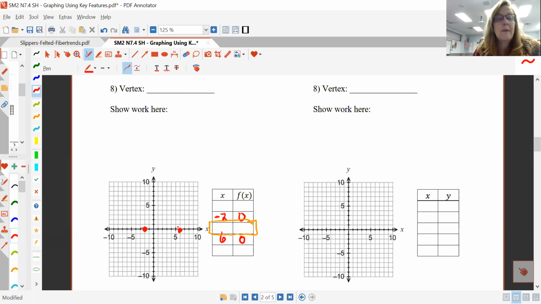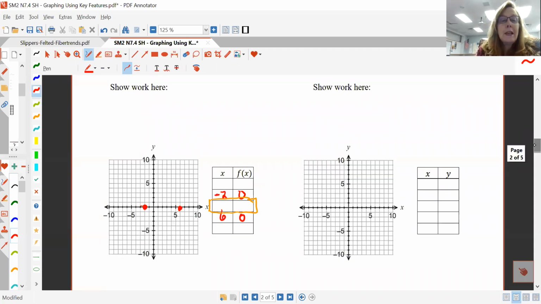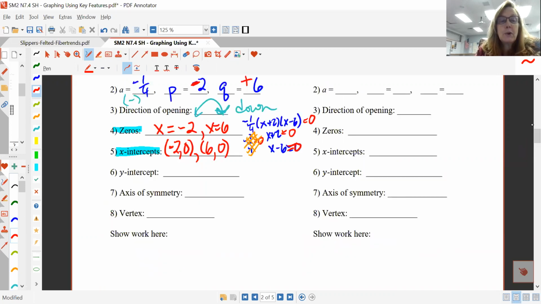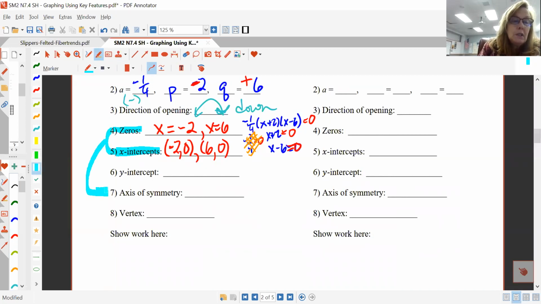So my vertex has to be in the center of those points. Either by figuring out where that center is, or there's a formula that helps me figure out what that center is. So I know where the x-intercepts are, and I know that the vertex has to be centered in between those points. So I'm taking this information and coming down to finding my axis of symmetry and my vertex.